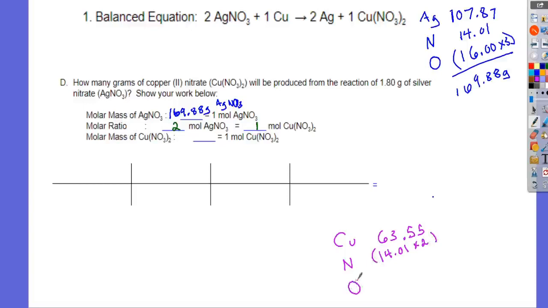And then my oxygen has a mass of 16.00. I have 3 oxygens, but there's a 2 outside my parentheses, so that's a total of 6 oxygens.